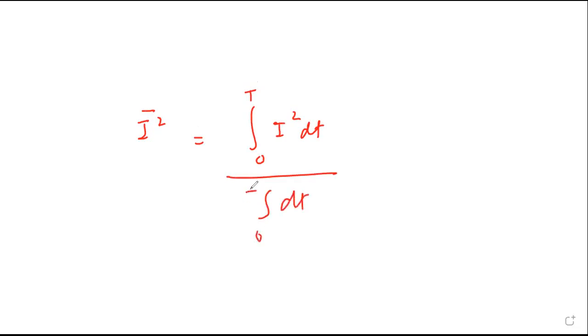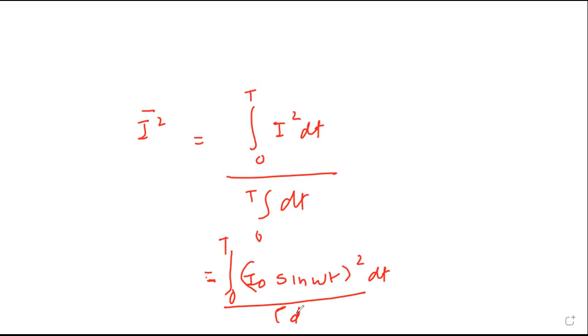So we want to find I square's mean and then its square root. This is nothing but I square dt for one cycle divided by time for one cycle. I means I0 sine omega t square dt for one cycle, integration of dt is t, 0 to t.